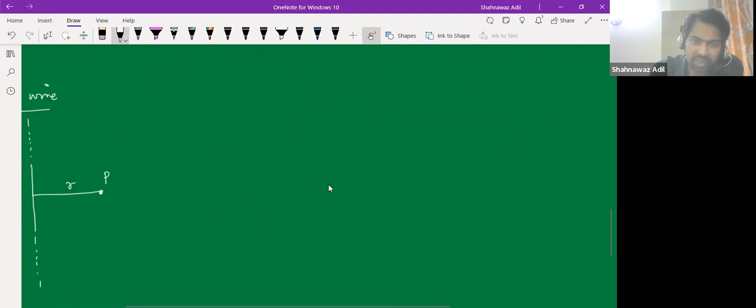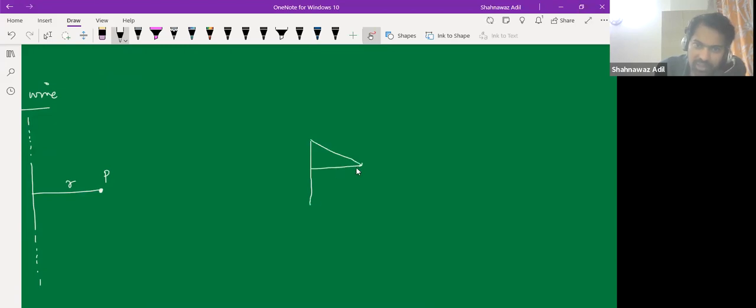So let's say we have this finite wire, right? And this is theta 1 and this is theta 2. So if I increase this part, then what will happen to theta 1?